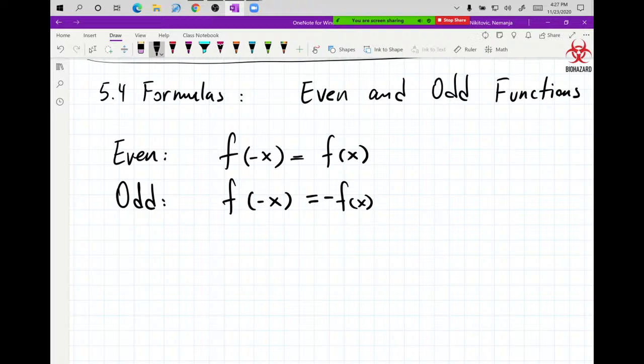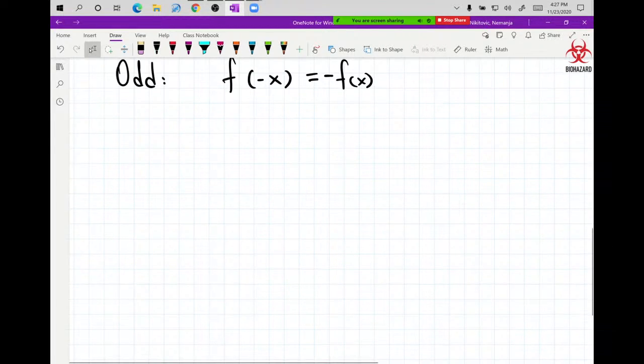Now, the two formulas that I'm going to write now are like quality of life formulas. Your pass or fail of Calc 1 or 2 doesn't depend on knowing these formulas at all. But if you do know them, they can cut out some calculations for you. So here is the first one.